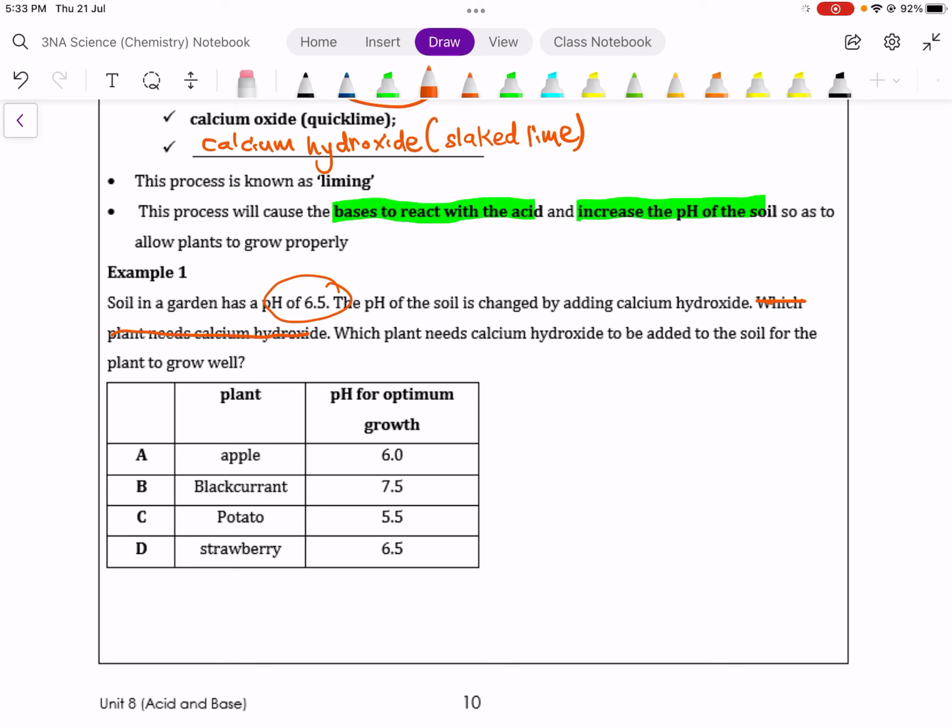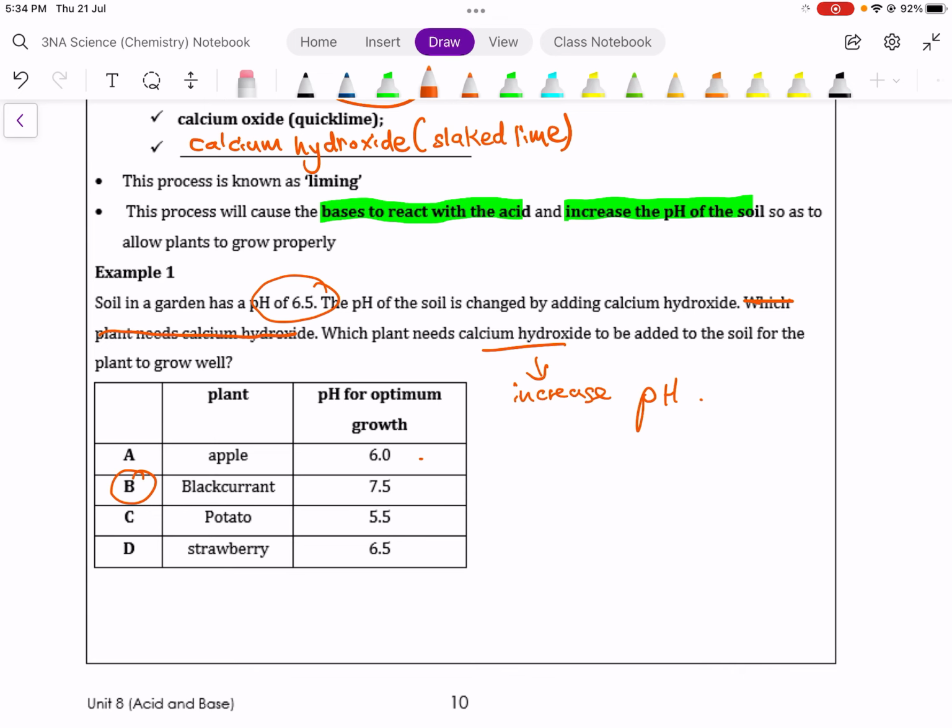If you add this in, bear in mind it will increase the pH. So the optimum should be something like B, because the rest, if you realize, is less than 6.5: 6 is less than 6.5, 5.5 also less than 6.5. The other one is directly equal to 6.5. So when you add the calcium hydroxide, the pH will rise.